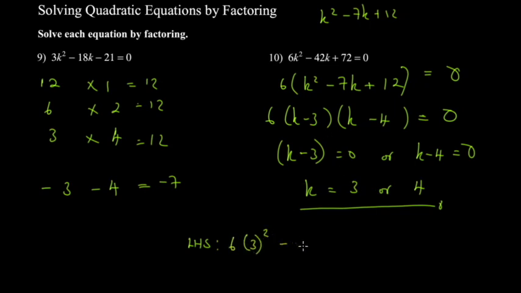So 6 times k squared minus 42, k, which is 3 in our case, plus 72. Then you figure out what you get. Okay, so you go on your calculator, you punch 3 squared minus 42, k, which is 3, plus 72. So you get 0 actually, which is equal to right hand side. Okay, so you say verified.